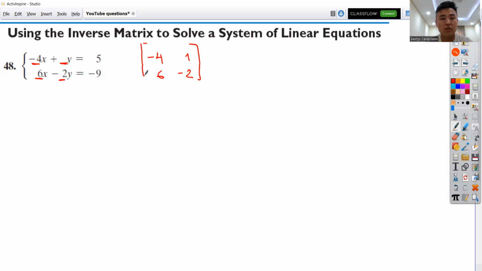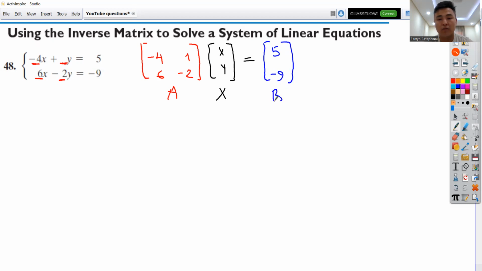This is my matrix A. Then I have the unknown variables X and Y. Let's call it X. Then we have 5 and -9. Let's call this matrix B. So A times X is equal to B.